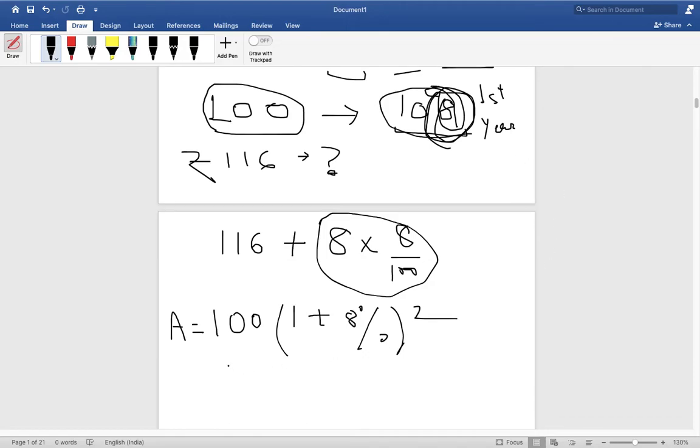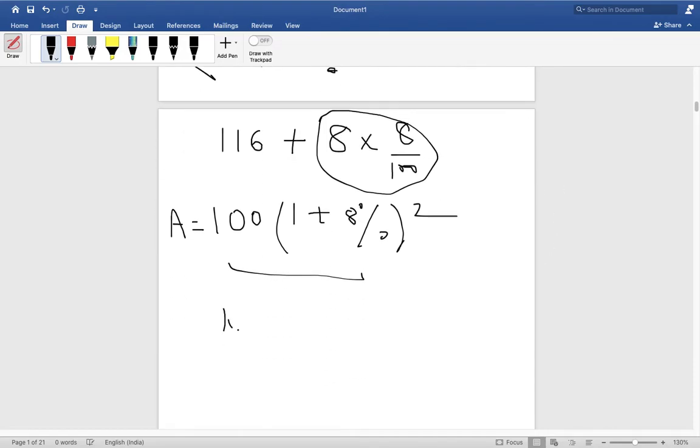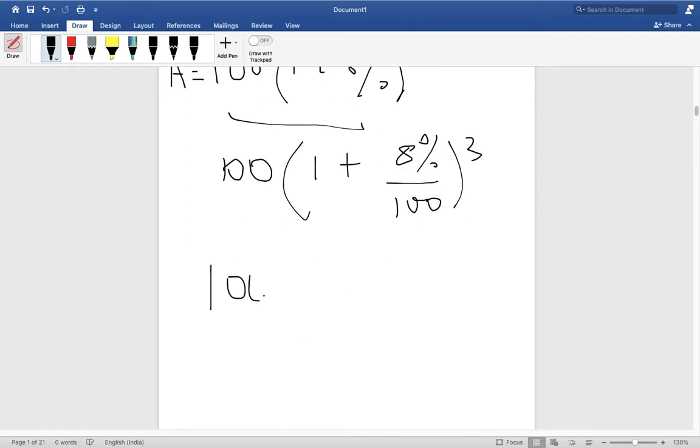So this is not an arithmetic progression, because when you do this, at the end of the third year, you will have 100 into (1 plus 8%) cubed. If it was an arithmetic progression, the amount would have been 100 rupees, 108 rupees, 116 rupees, 124 rupees.